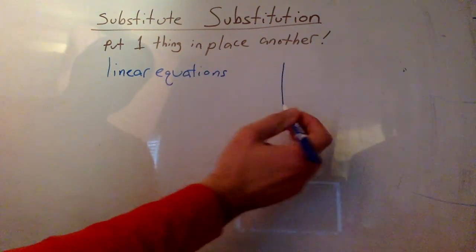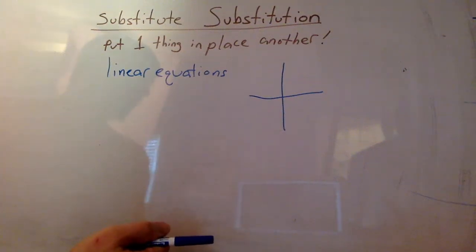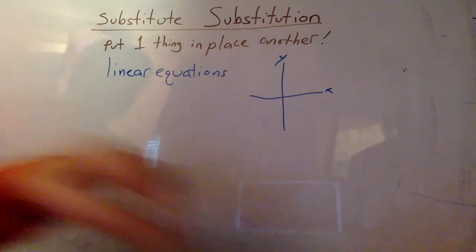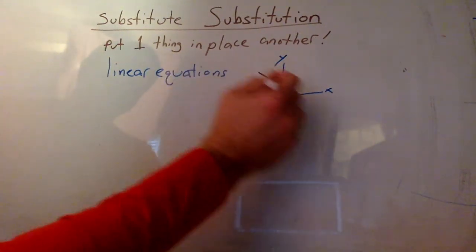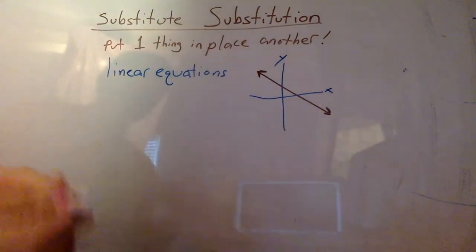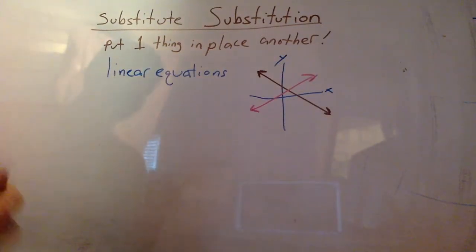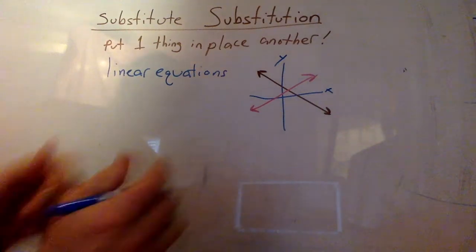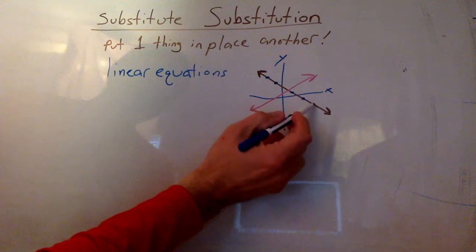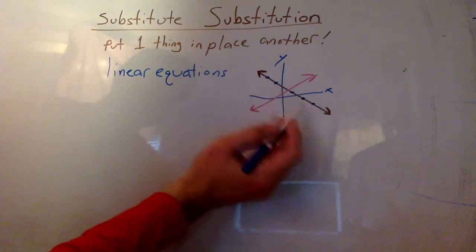So if I give you a couple of equations and I say they're both part of the same coordinate plane, that means that if I have two lines, say I've got a line going like this, and a line going like this, any place along this brown line, if I pick out an x and a y value and I plug it into the equation, it would match up with this line.